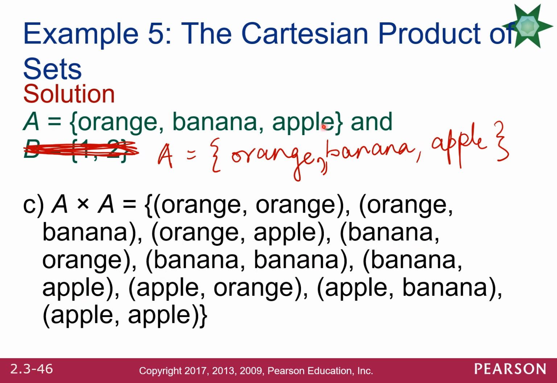And then we start the process with apple. So if it is pairing with the elements of the same set, then just write the set again below. It'll be easier for you to pair the elements.